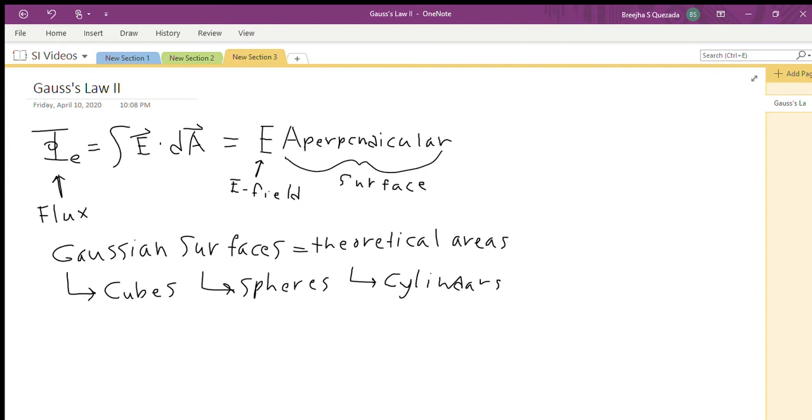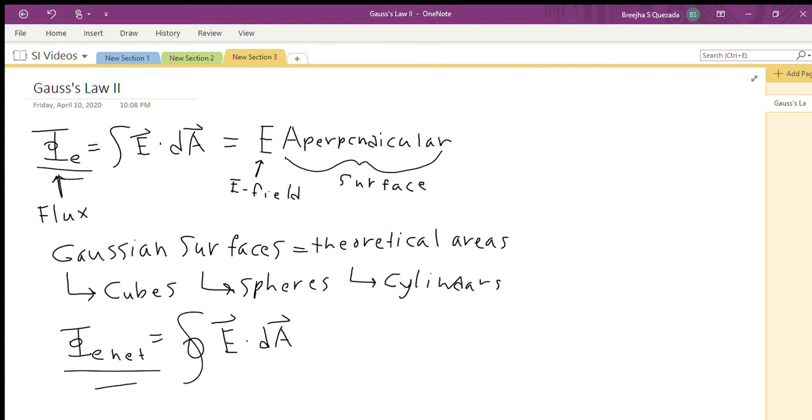For net charges, we have another version of this. So the net flux is equal to the closed integral of E dA. The only difference between this net formula and the regular flux formula is this circle figure right here.